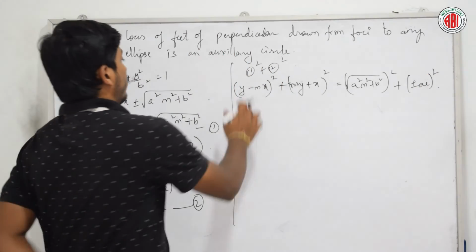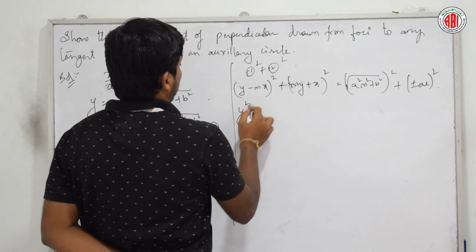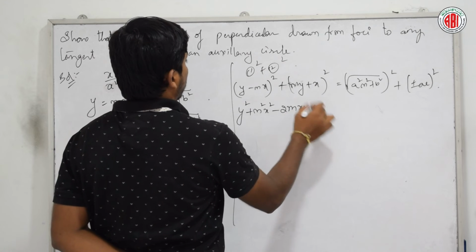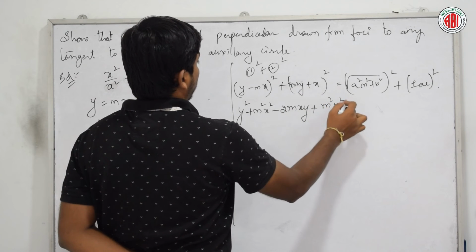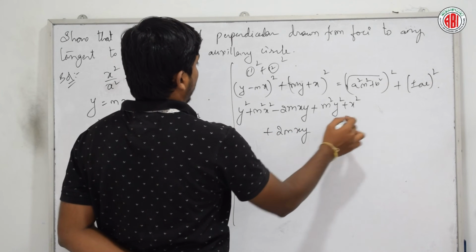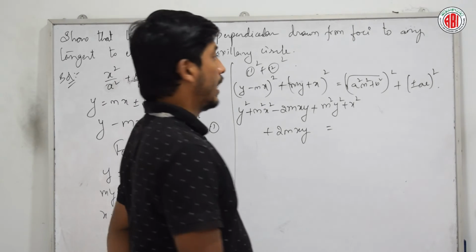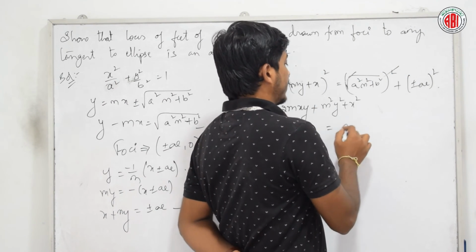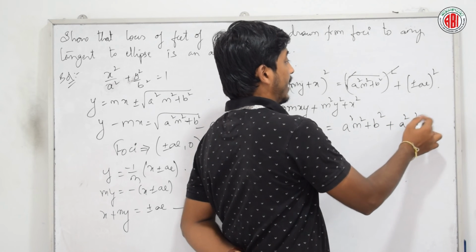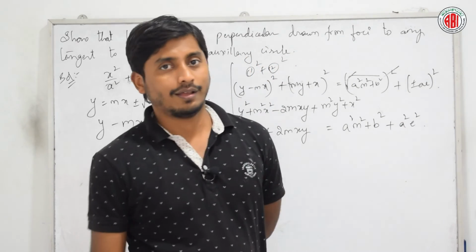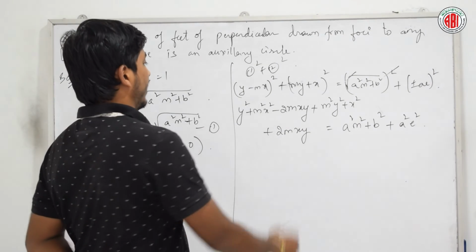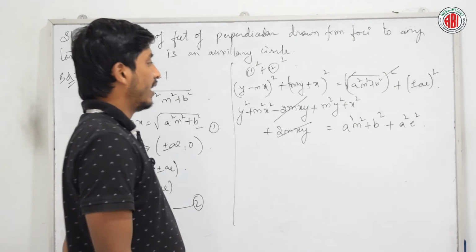Okay, so now a minus b whole square, a square plus b square minus 2mxy. Here a square plus b square plus 2mxy. Right, now these both will get cancelled. I will be left with a square m square plus b square plus a square. Is it? Now check if some terms will get cancelled. These both will get cancelled, right?